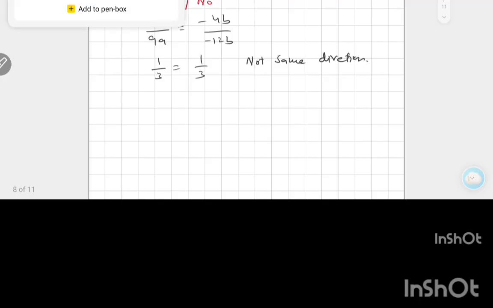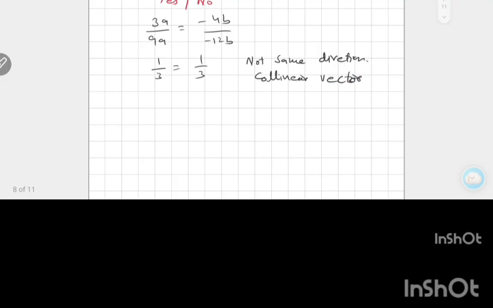Look, in the question there is b and there is b. These b are common, they repeat again and again. So we never say that they are the same direction. Here we use collinear points, we say that they are collinear vectors.